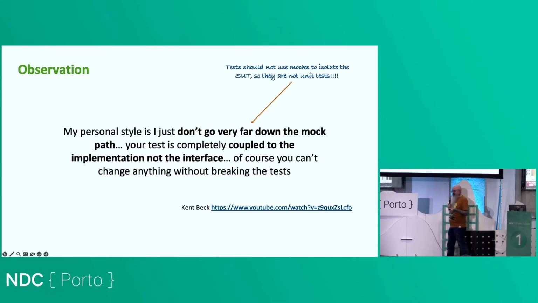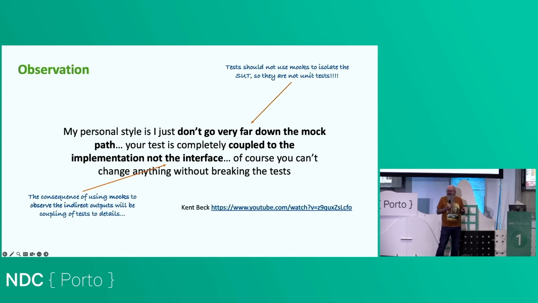So we don't do this kind of mock-driven testing, because that means effectively we are observing the thing under test by indirect outputs, not by simply saying there is state before, there is state after, and I've somehow transformed it. Preconditions and postconditions. That's really what you want to focus on. What did the world look like before I did this? Exercise this behavior, what does the world look like now?